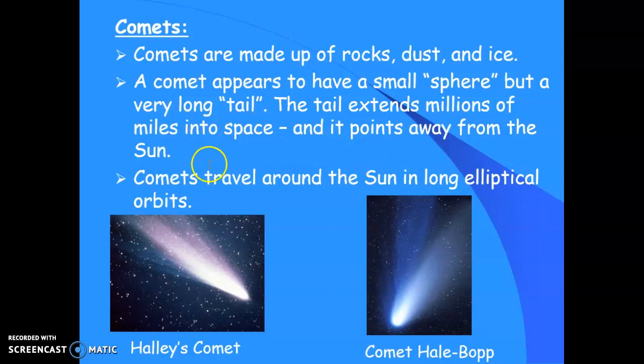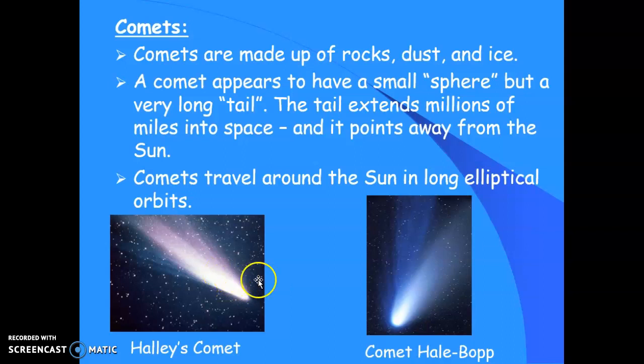So one thing to keep in mind is they're very, very long, right? It may not look like it's long, but this can be literally millions of miles behind it. You can't tell the difference in distance from an image like this. They're incredibly long.